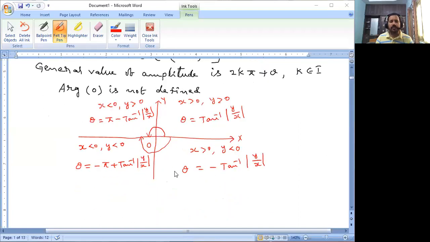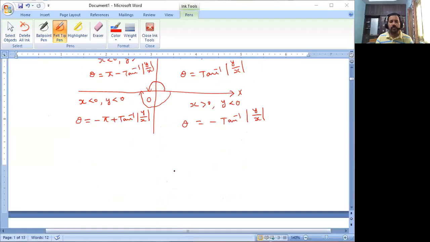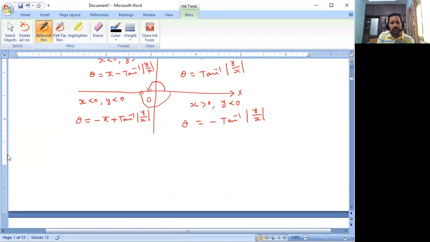Next, now if z is equal to x plus iy be a complex number, then what is the amplitude?